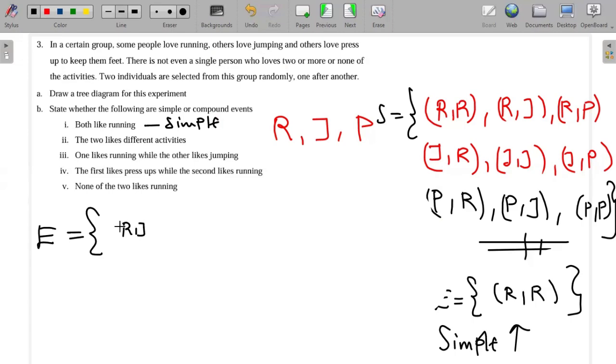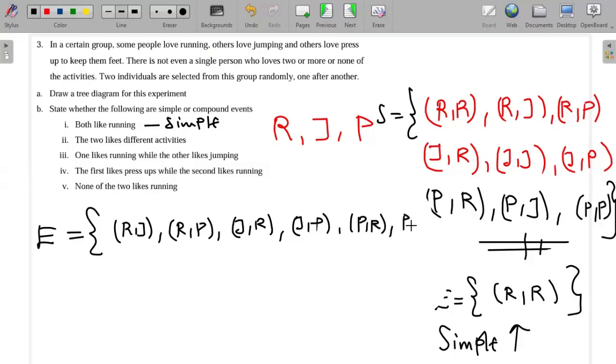So it can be running and jumping, running and press ups, or it can be jumping and running, or it can be jumping and press ups, or press ups and running, or press ups and jumping. So this is the event that we have when we consider this description on part 2. So is this a simple or a compound event? It's going to be a compound event because when I look at it, it has 1, 2, 3, 4, 5, 6 outcomes. So this one here is going to be compound.